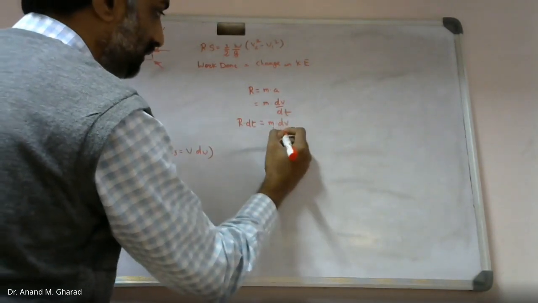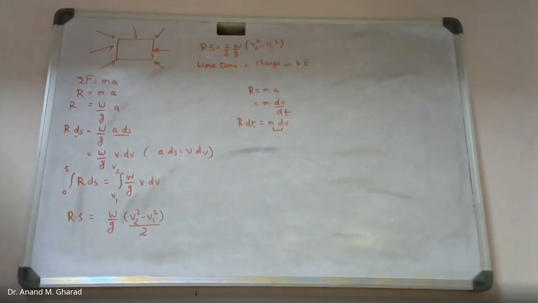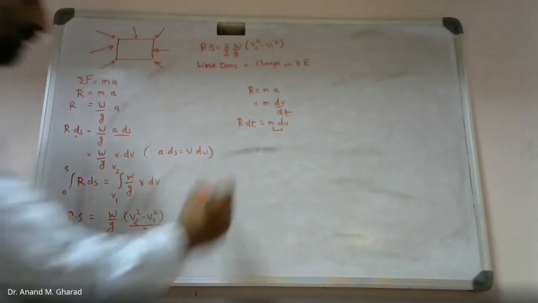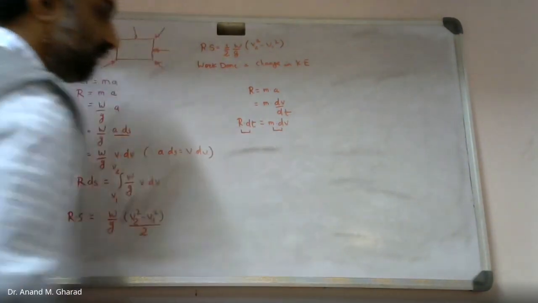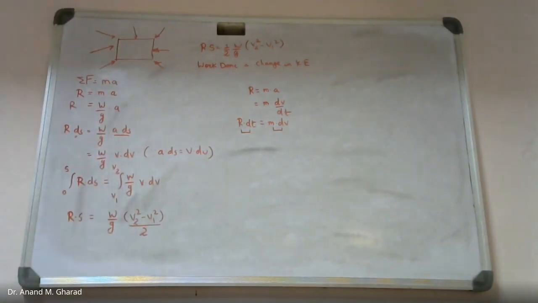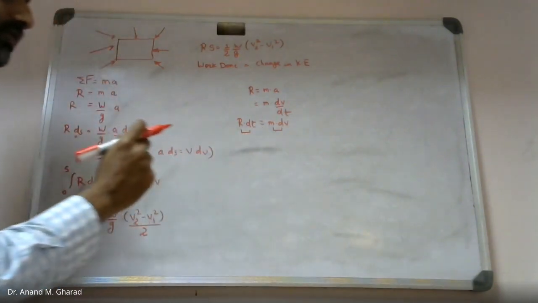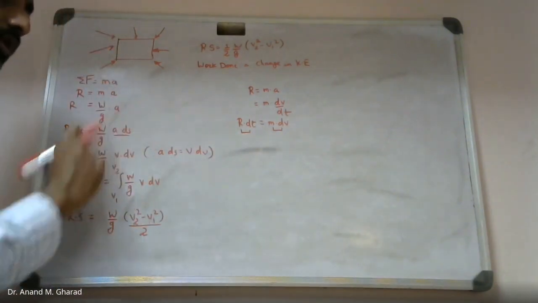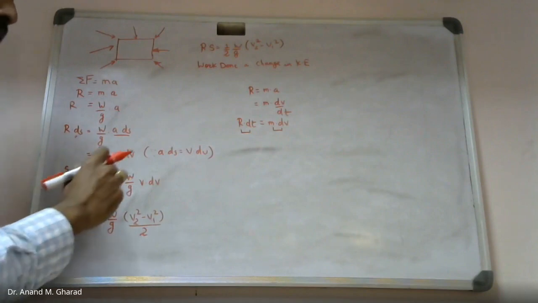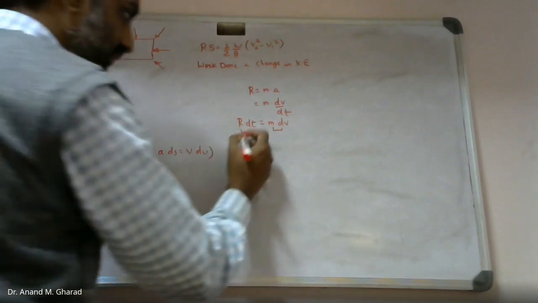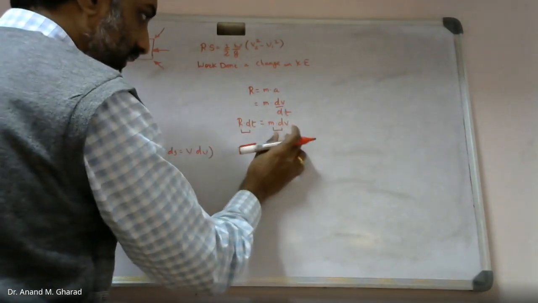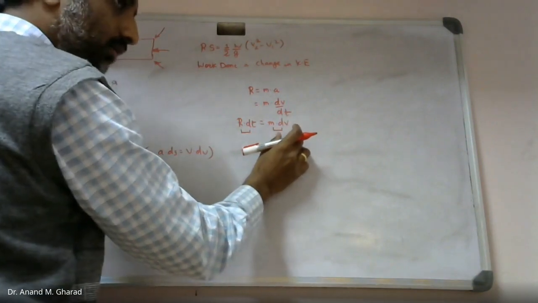This term is actually the momentum value. And this term is known as impulse. Impulse is nothing but the force which is applied for a very small duration, but whose impact is very large. So this is the impulse, and on the right hand side, this is the momentum.